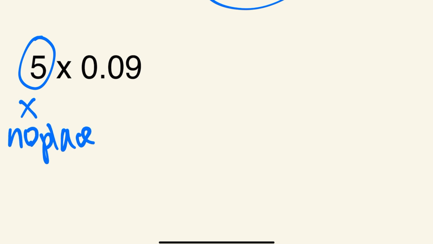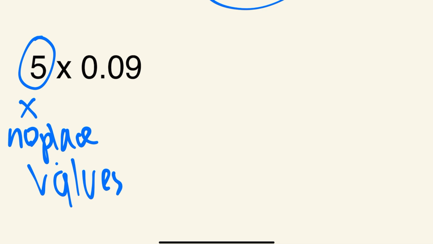Next is 5 times 0.09. Same thing, it's a whole number times a decimal. No biggie. It's very easy. This one has no place values. Remember to keep that in mind. Now let's work on it anyways.